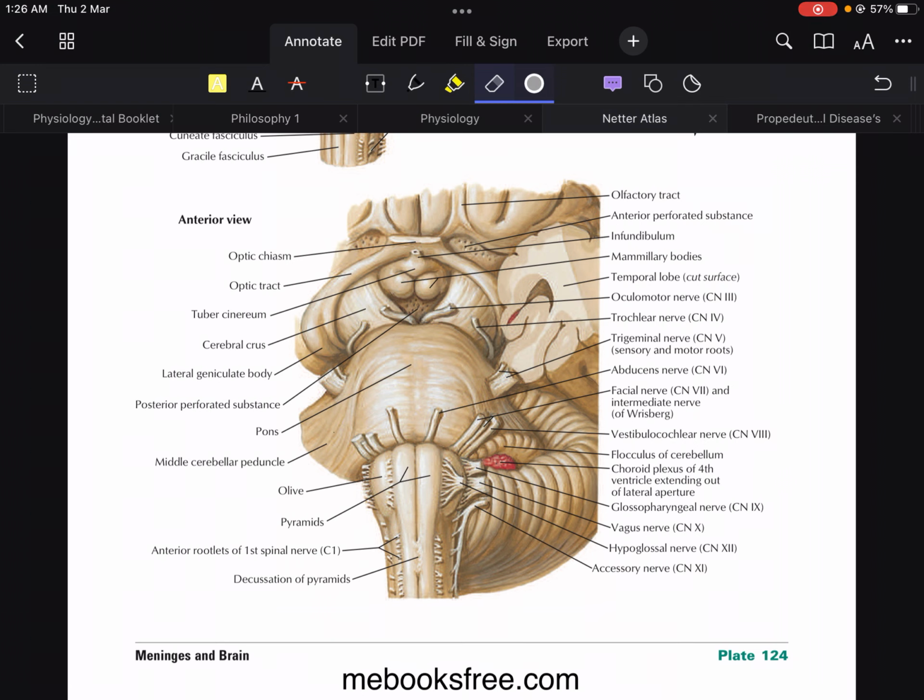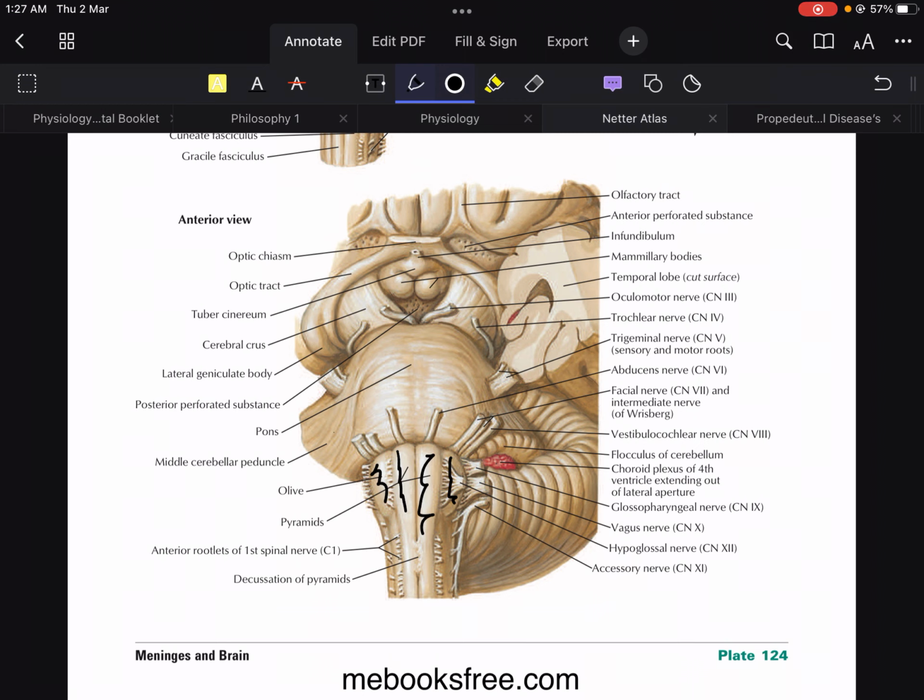First, about the medulla oblongata. Look at the structure. On the anterior surface of the medulla oblongata, we have 4 tubercles. The middle ones are pyramids, and the lateral parts are olives. So, 4 tubercles: pyramids and olives.